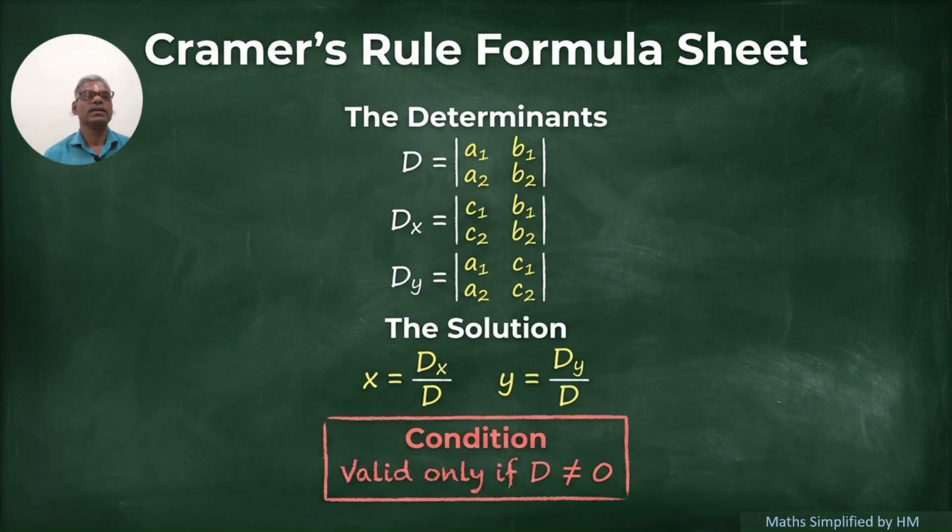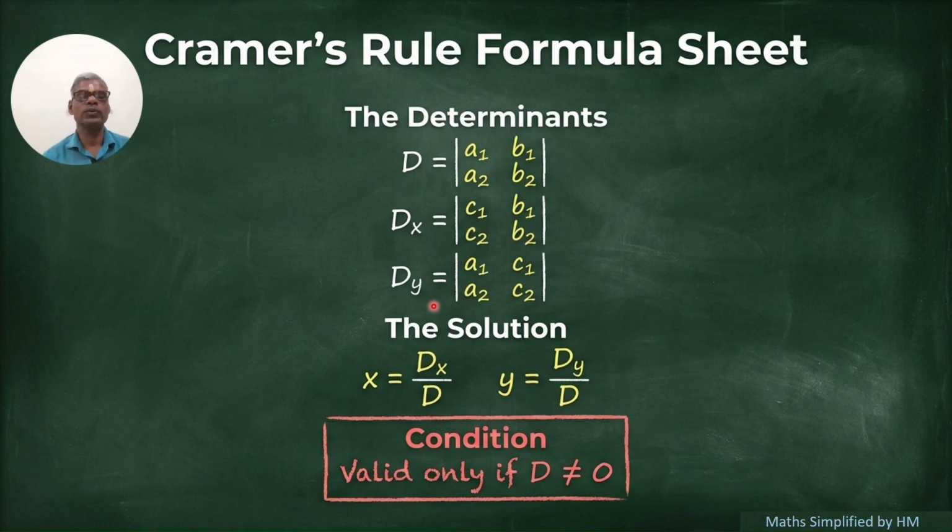Now we will recap Cramer's rule once again. You can term it a Cramer's rule formula sheet. The determinant D, with rows a1 a2 and b1 b2, is formed by the coefficients of the x and y variables. For Dx, the coefficients of x are replaced by c1 c2, and the determinant is c1 c2 b1 b2.